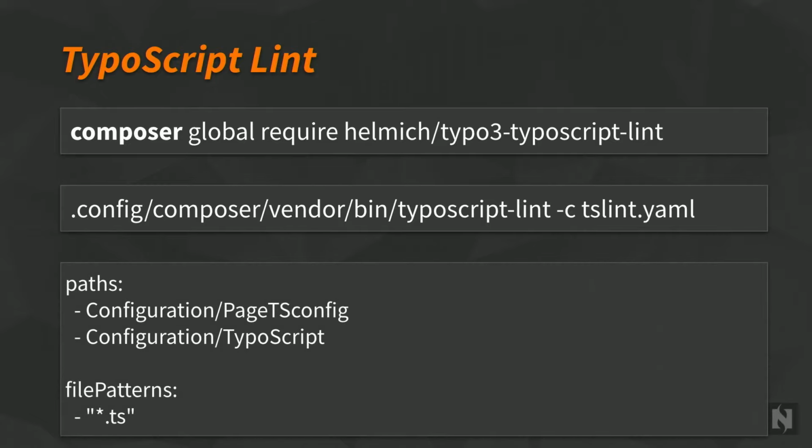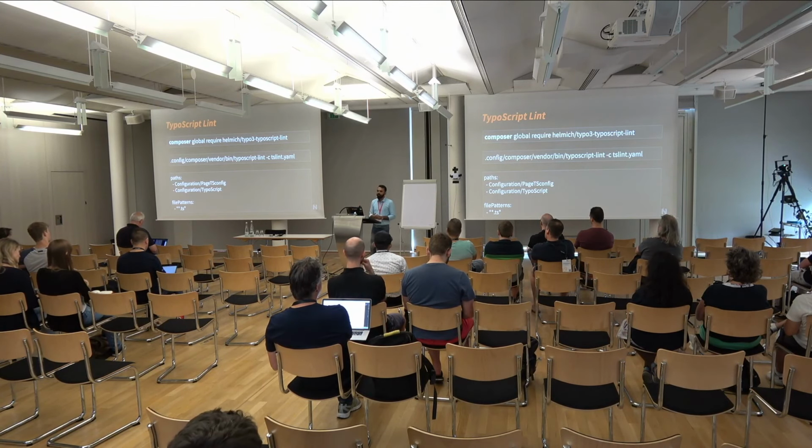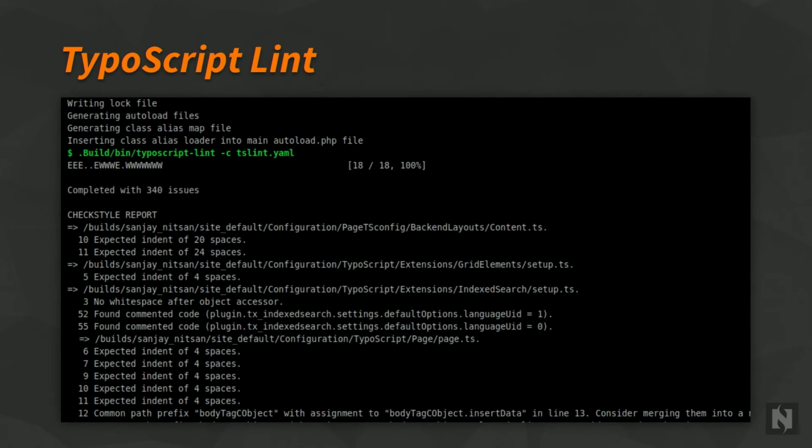You can define the paths, for example if I want to check only the configuration, page TSconfig, and TypoScript, then you can define it. You can also set the file patterns, because many people use different TypoScript extensions, someone uses .typoscript, someone uses .ts. And this is the command where you can get the errors about spacing, or something wrong in your coding style.